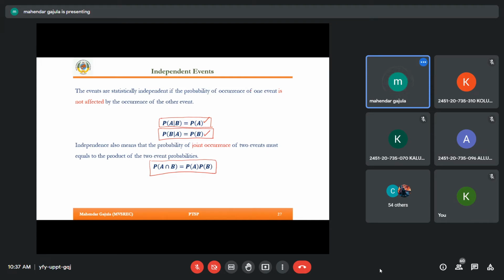Understood? The occurrence of one event does not affect the occurrence of the other event. The other event is B and the present event is A; B is not affecting A. So probability of A only. Similarly, probability of B given A equals probability of B. What is the meaning of it? A is not affecting the B event.